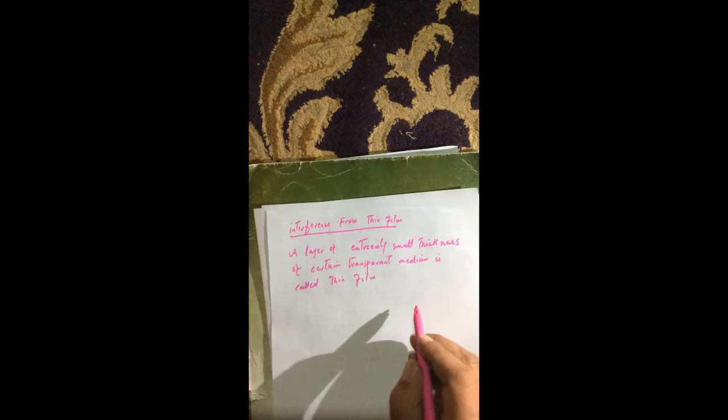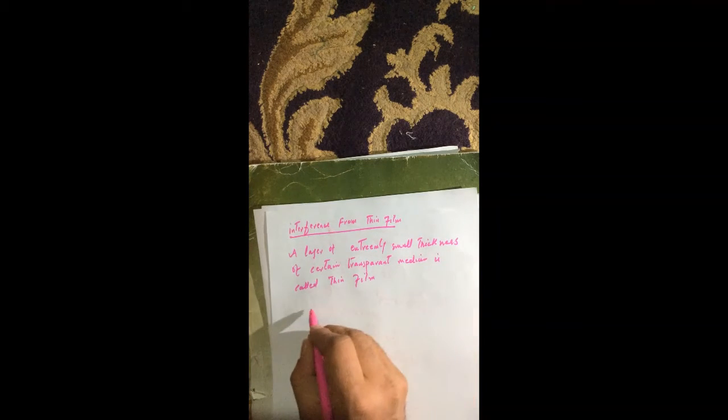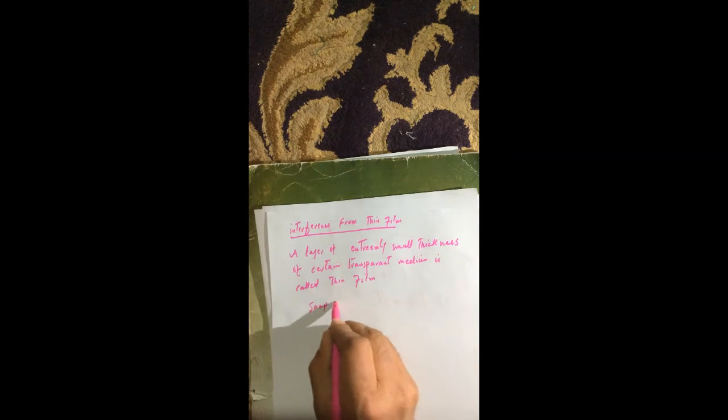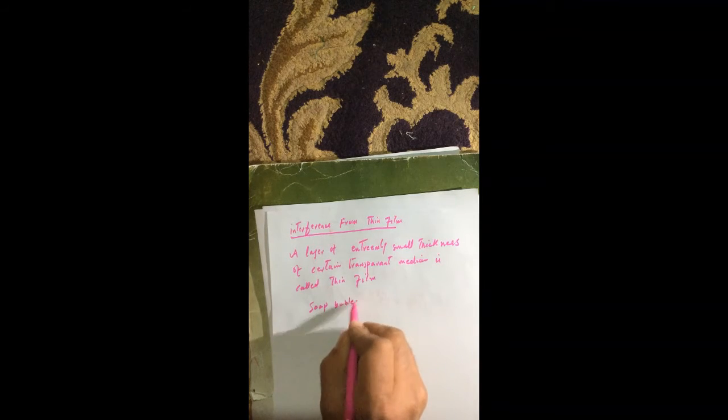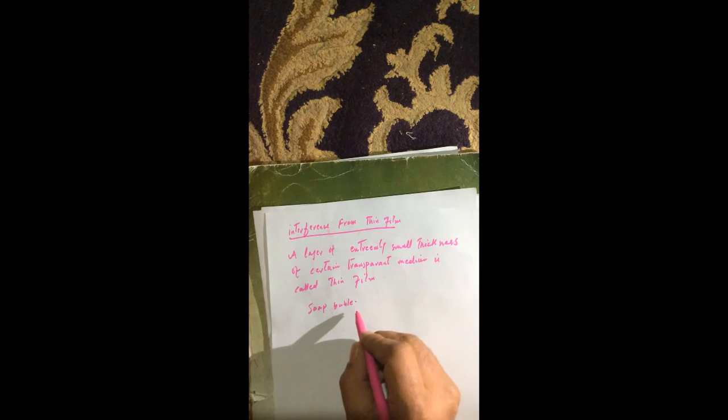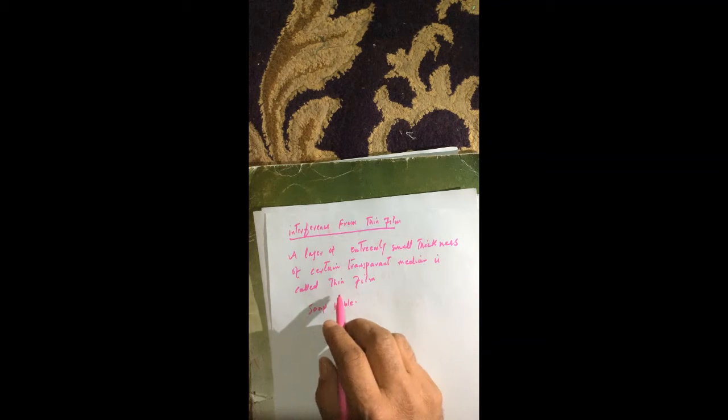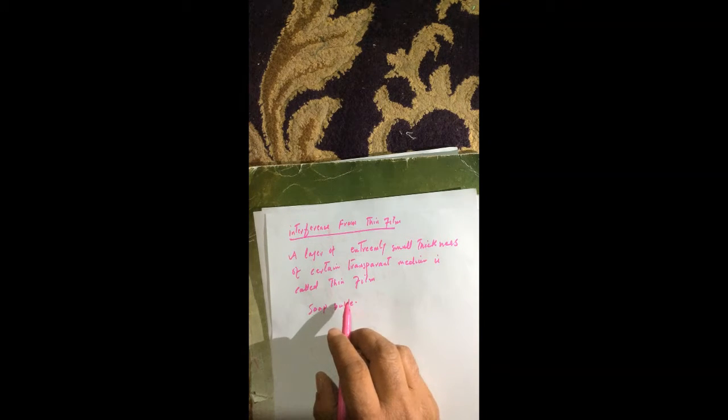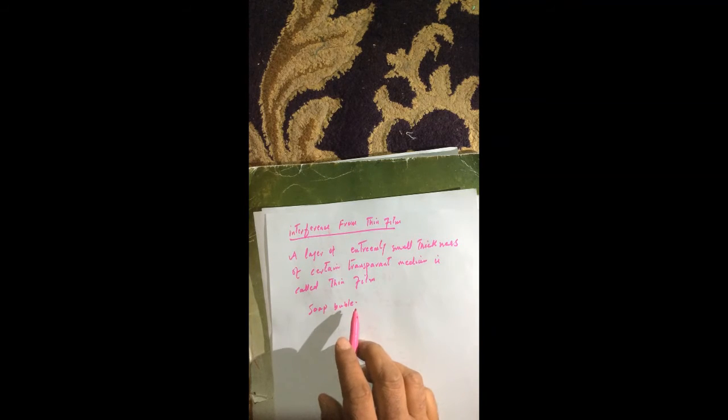Like if we have a soap bubble, and sunlight is shining on that soap bubble, then we can see different colors.